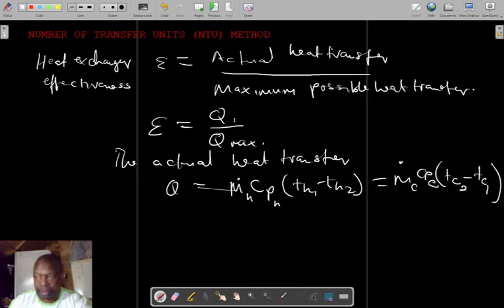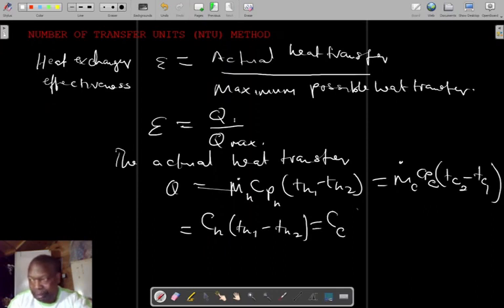So this is the same as Ch (Th1 minus Th2), which is equal to Cc (Tc2 minus Tc1).